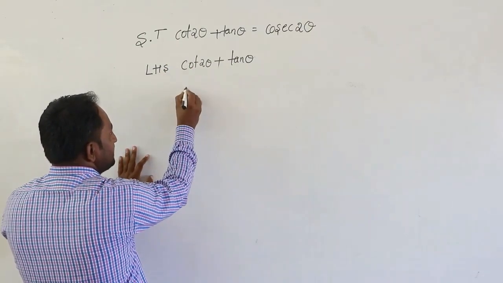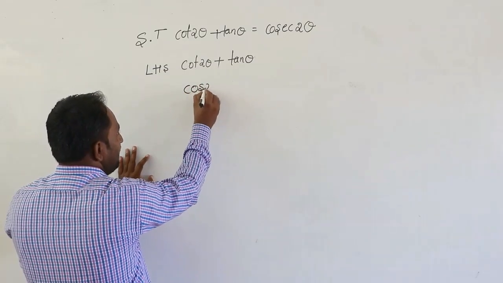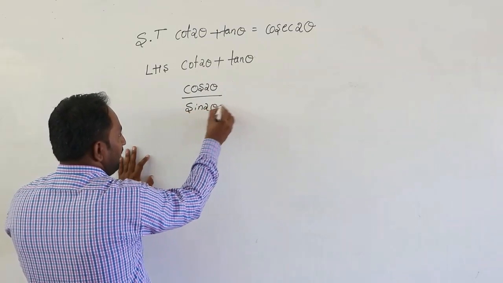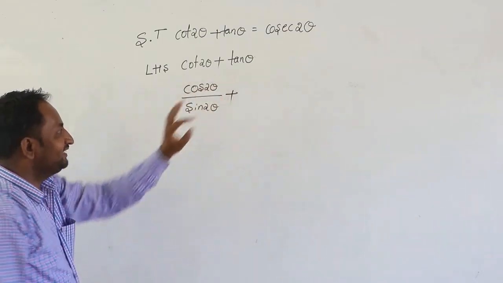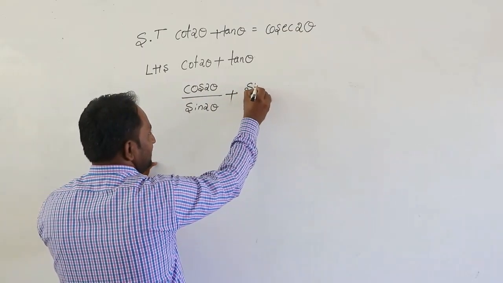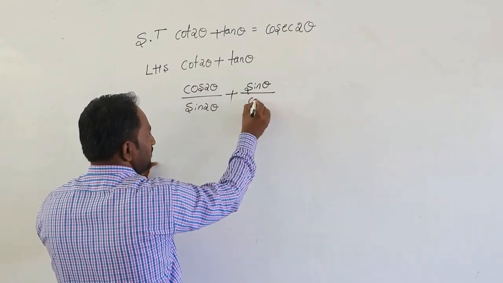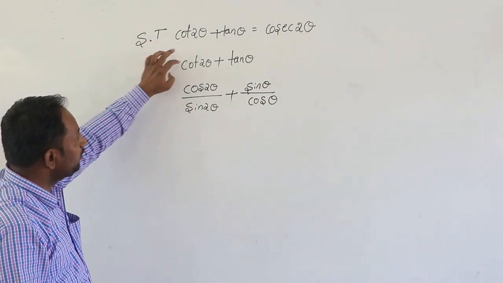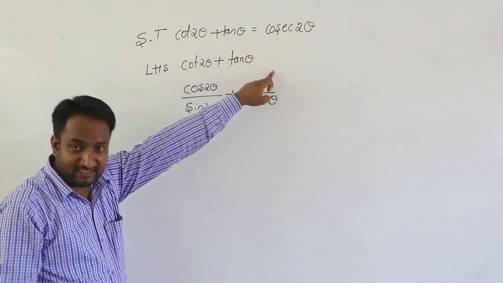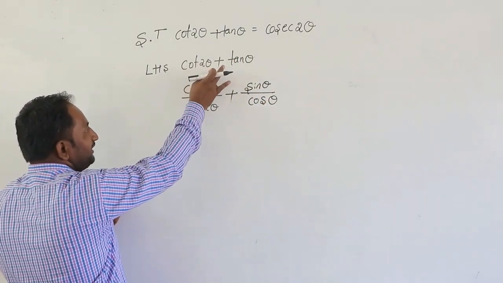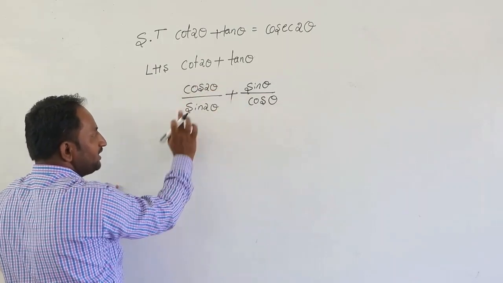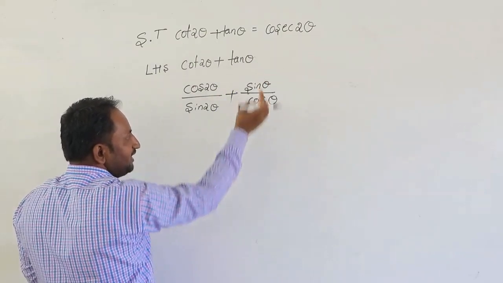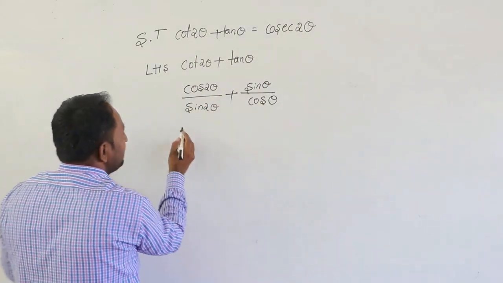Here cot 2 theta is represented as cos 2 theta divided by sin 2 theta, plus tan theta, which means sin theta divided by cos theta. Take the LCM.